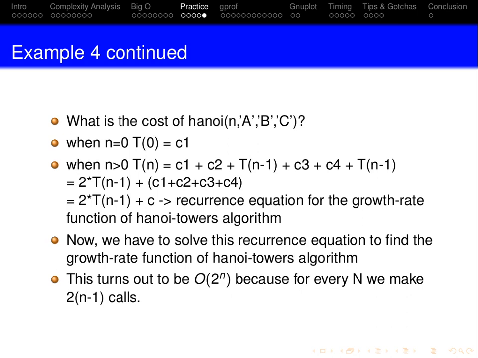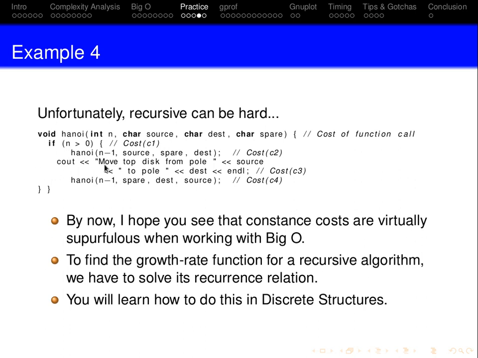If you have a function that's basically guaranteed to make 2 different calls to itself, where it only decrements n by 1, then you know that it's 2 to the n. If it makes 3 calls where it only decrements n by 1, then it's 3 to the n.